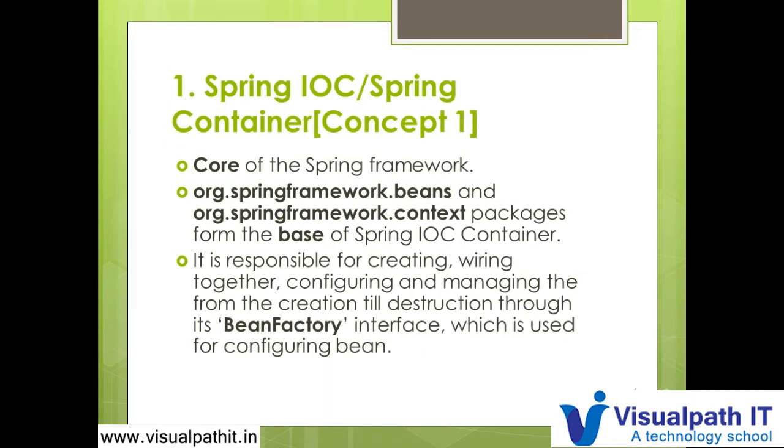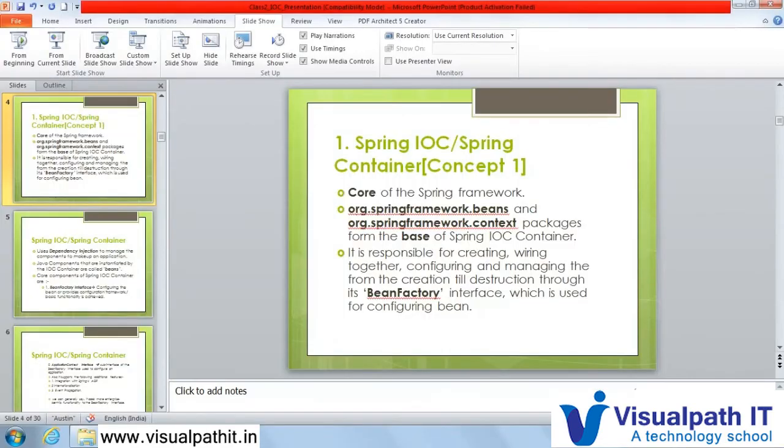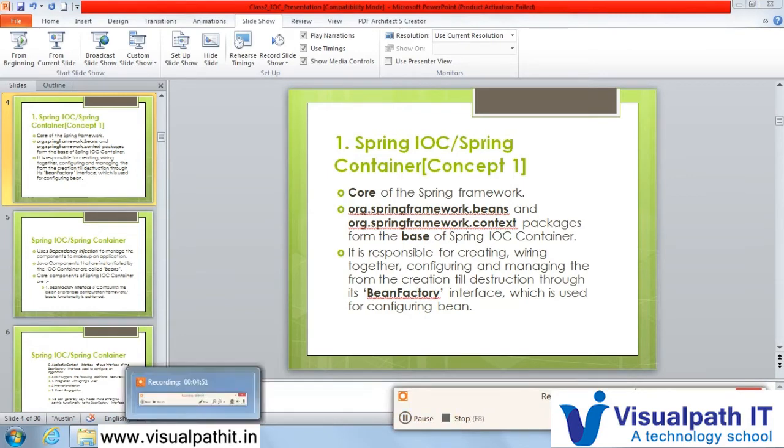All these things are done using the Bean Factory interface, the most important part of the Spring IOC container. It is implemented using the factory design pattern. What is the factory design pattern? It is a pattern used to create and dispense beans in an IOC container.